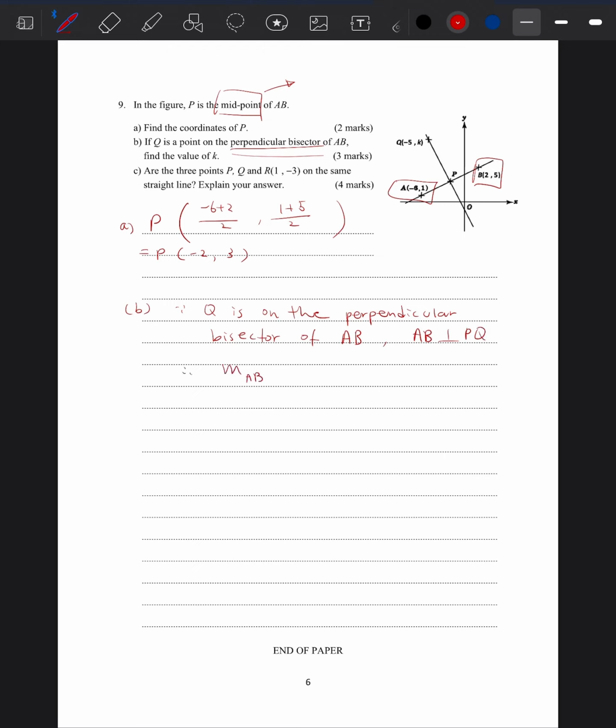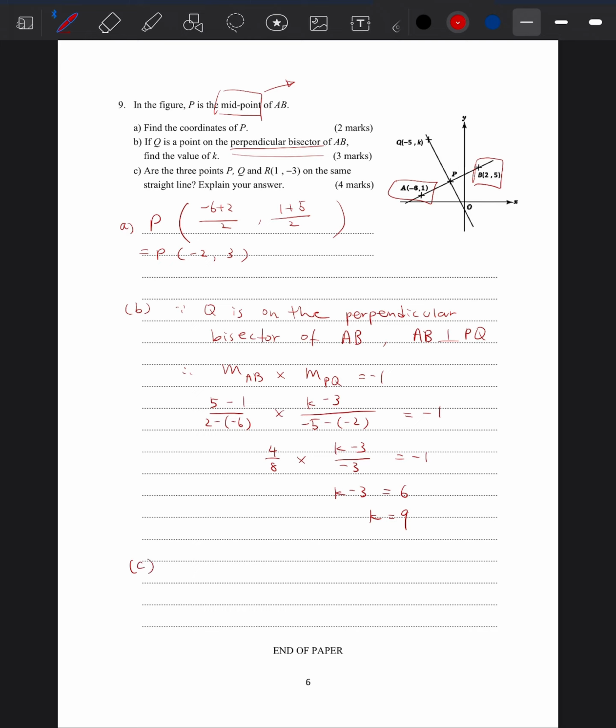So therefore, your gradient of AB times the gradient of PQ is -1. So 5 minus 1 divided by 2 minus -6, times k minus 3 divided by 5 minus -2 equals -1. So simplify it, and you will have k minus 3 equals 6, so your k equals 9.